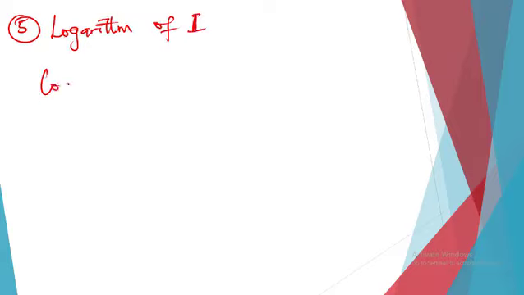Okay, so let's go over to the fifth law. The fifth law, we'll call it logarithm of 1. When we have log 1 base a, it's equal to 0. Okay, because logarithm deals with what?